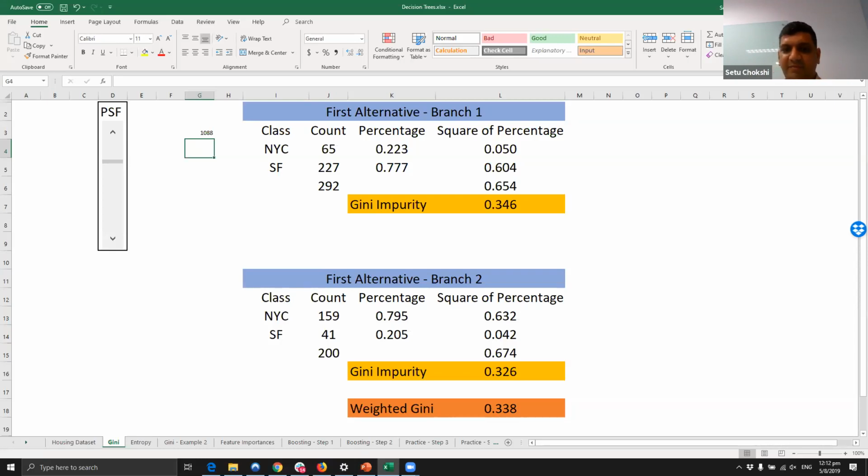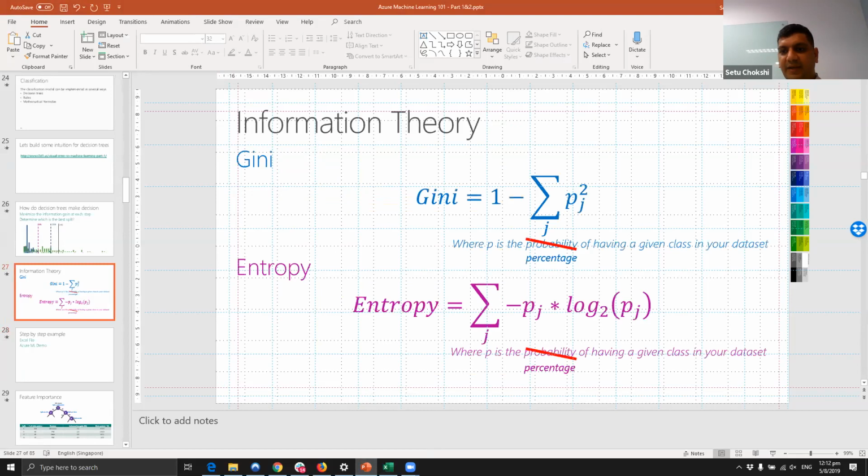And the other mathematical way to think about this, right? So let me go back to the PowerPoint. Let's just look at Gini for a moment. When will Gini be equal to 0? When my sum of p square is going to be equal to 1. So if I take a binary, either I need to get 0.5, 0.5, or similar values that's going to get me to that value.